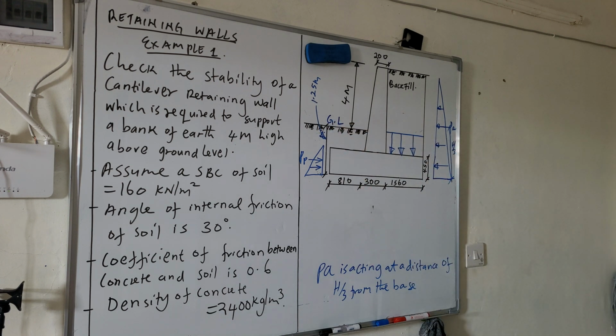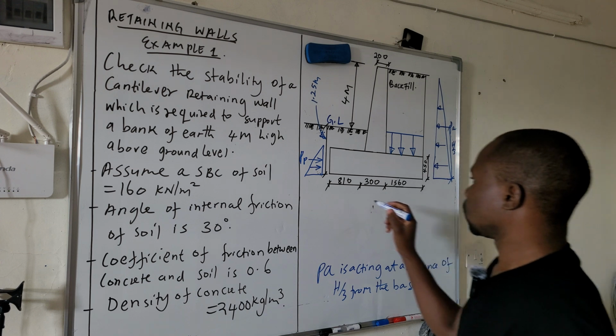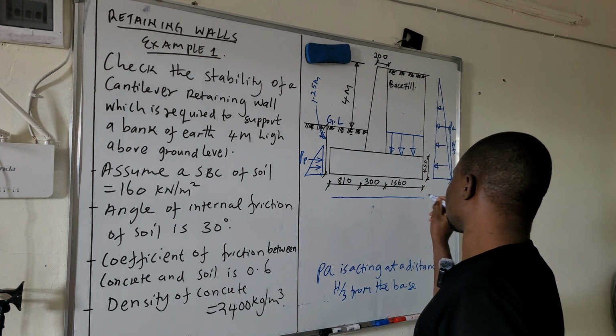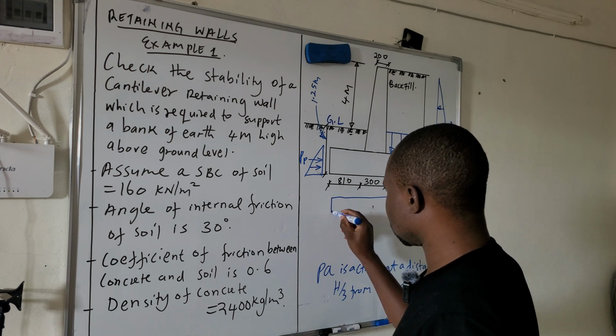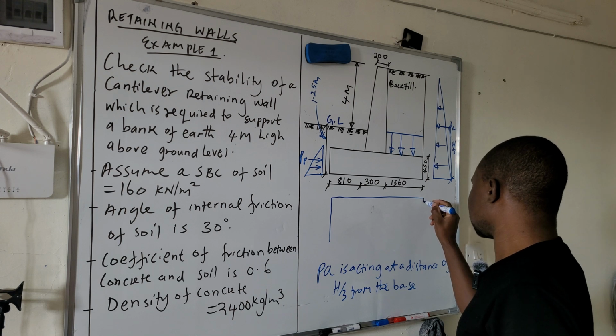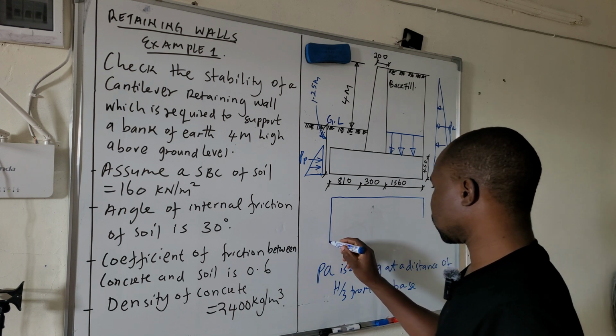Again, we have another pressure from the ground. If we draw this pressure from the ground, here we will have the maximum pressure and here the minimum pressure.